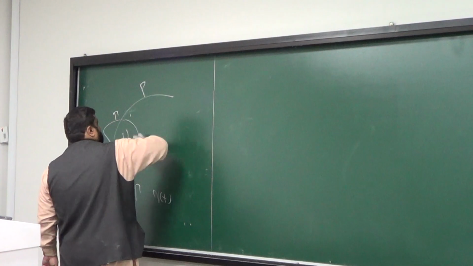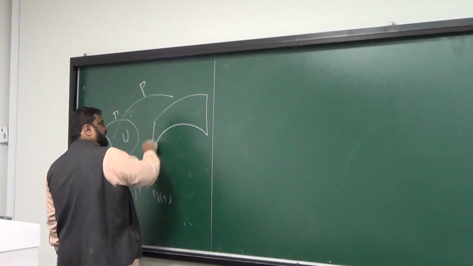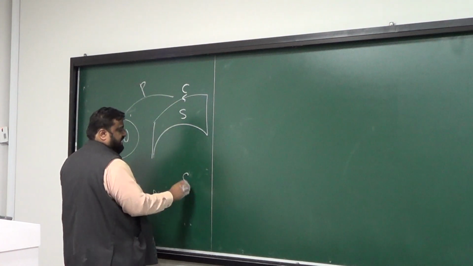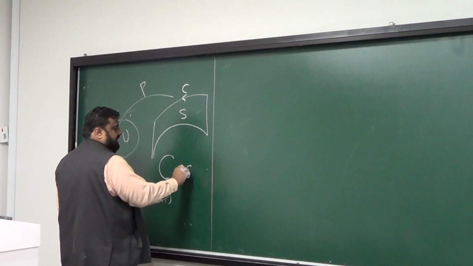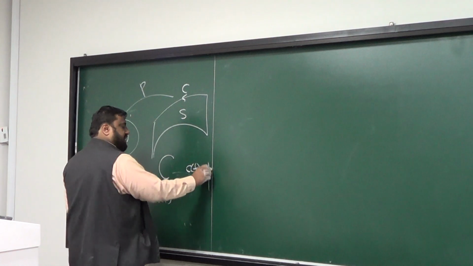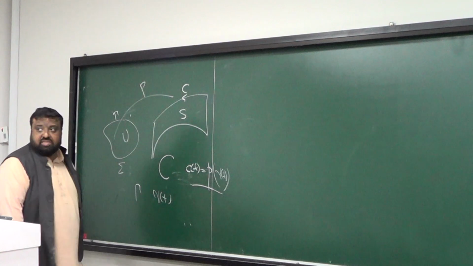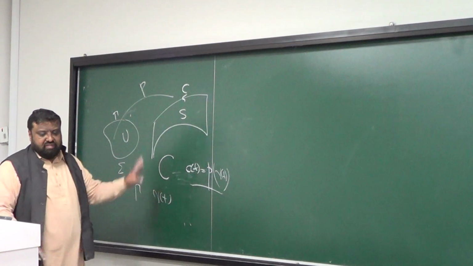So it takes this entire region and gives you a surface here, S, that has a boundary C, and C has a parameterization C of t, but this is nothing but P of gamma of t actually. This is the picture we're talking about. So we have a Stokes surface.